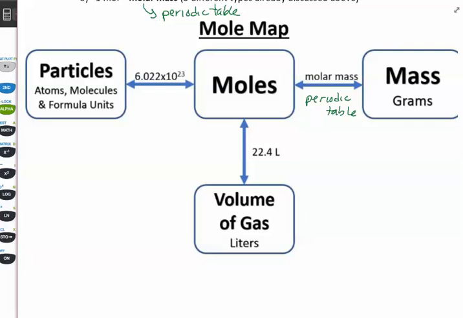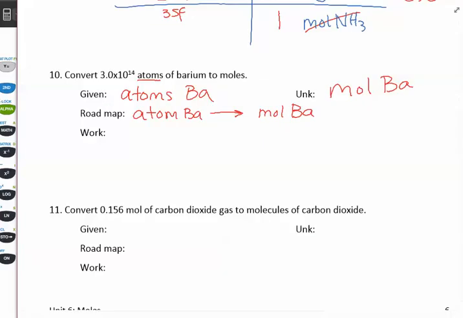Most of the 22.4, same thing. But the molar masses, you just need to know how to do it. So you could write 6.022 times 10 to the 23rd, or you could write Avogadro's number there, whatever works for you. So we're going to do the same thing. So we're starting with 3.0 times 10 to the 14th atoms of barium.